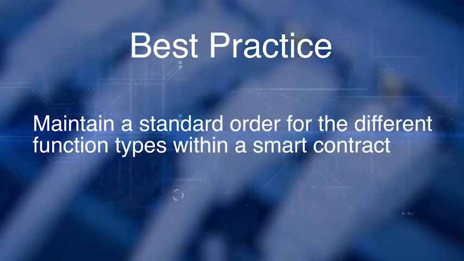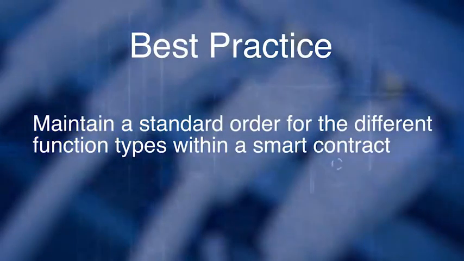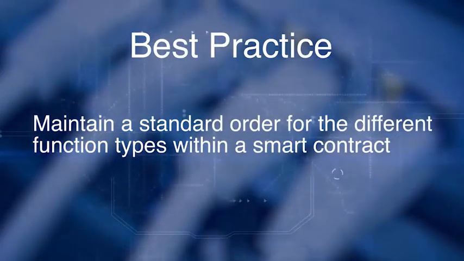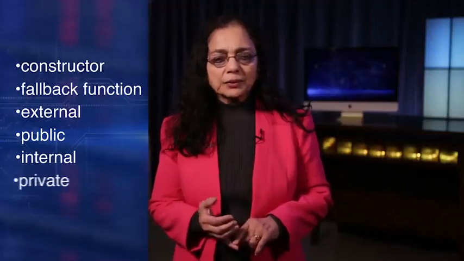Maintain a standard order for different function types within a smart contract according to their visibility as specified in the Solidity docs. The recommended order for functions within a smart contract is constructor, fallback function, external, public, internal, private.